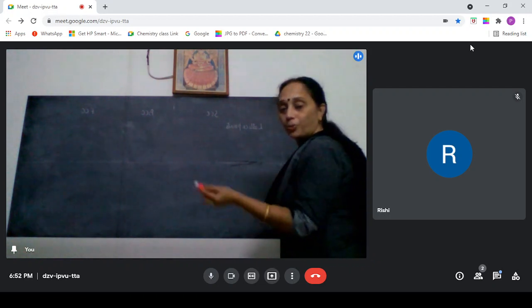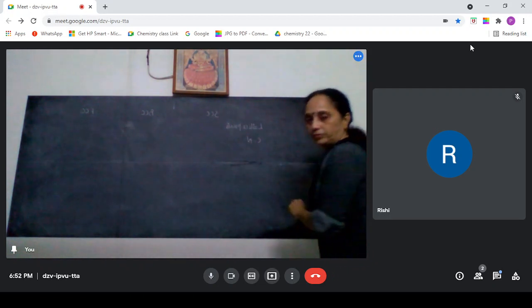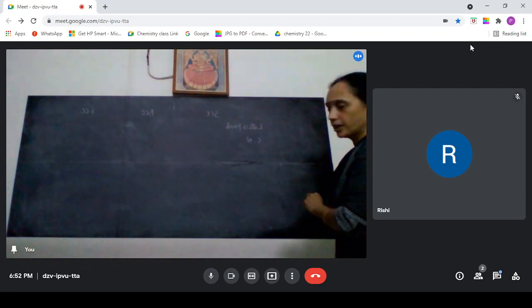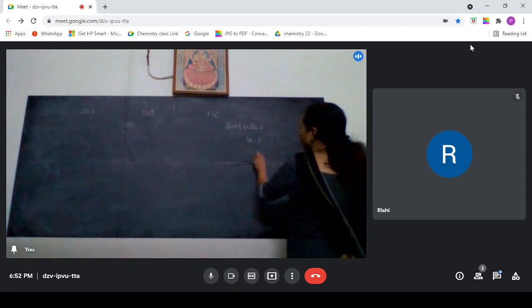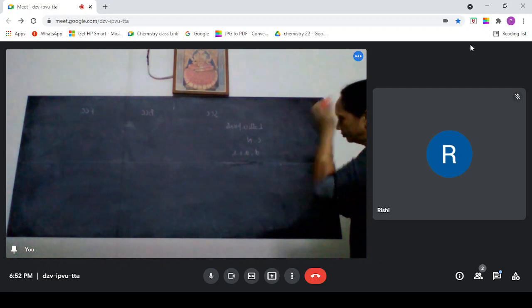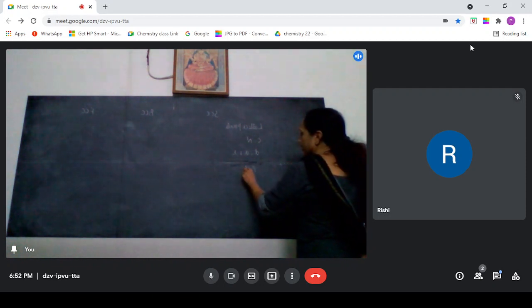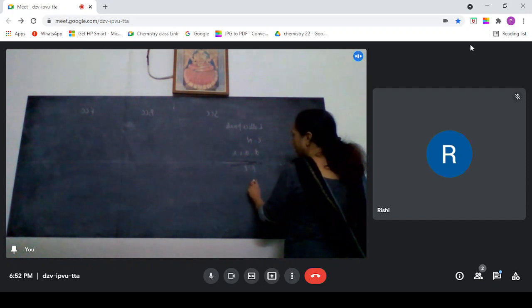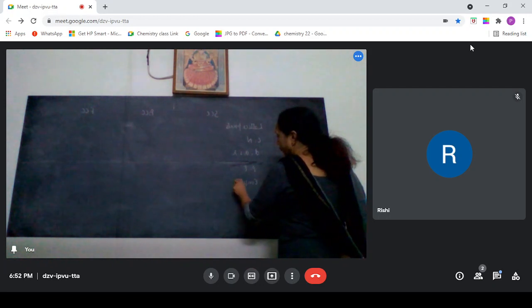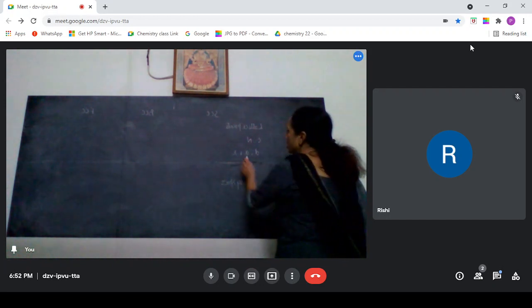I will talk about the voids later. Then coordination number. Relationship between D, A and R. Packing efficiency, how much, and empty space. If you learn this much, so much you would have learned.